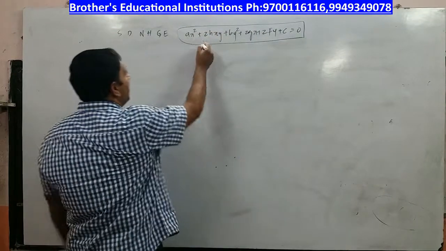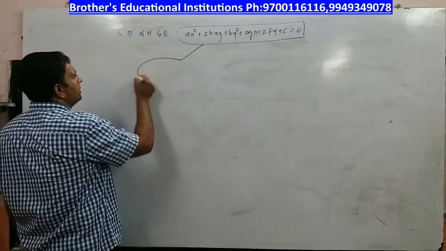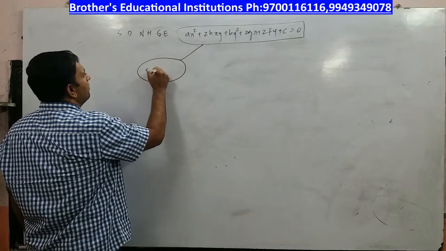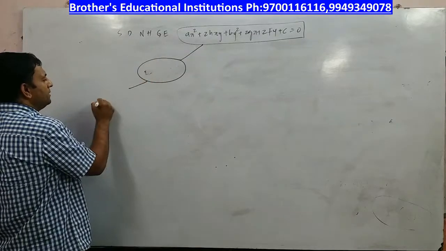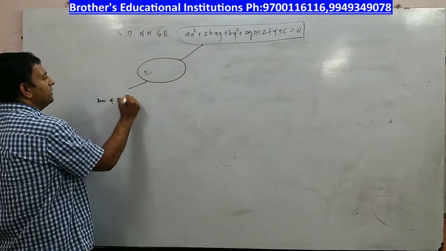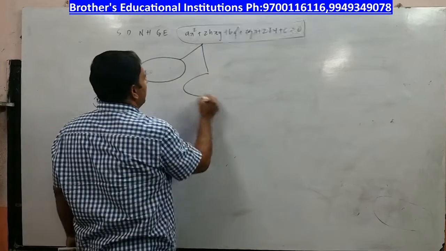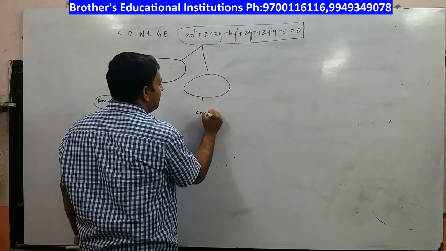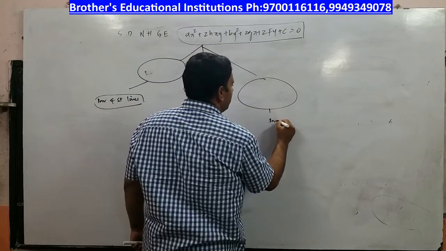So if this second degree non-homogeneous general equation satisfies some conditions, now let me write those conditions, then this will be called as pair of straight lines. And if this satisfies few other conditions, it will be called as circle. If it satisfies few other conditions, it will be called as parabola.